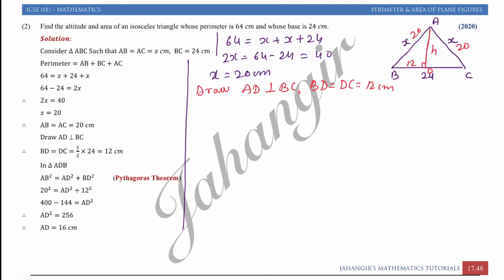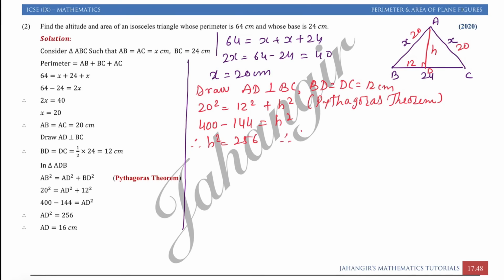So by Pythagoras theorem, we can say 20 square is equal to 12 square plus h square. 400 minus 144 is equal to h square. So therefore h square is equal to 256. Therefore h is equal to 16 centimeter. So therefore we can say altitude is equal to 16 centimeter.